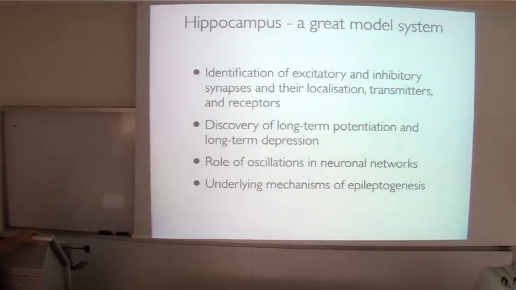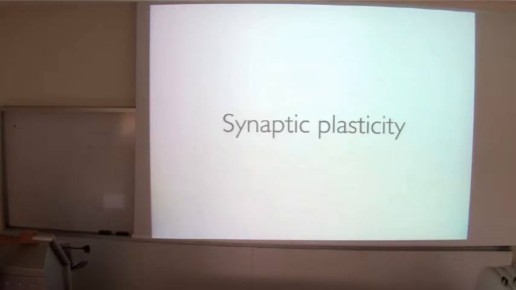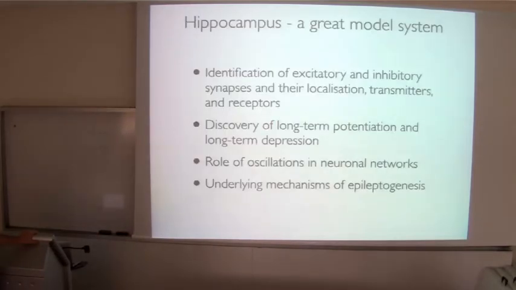And this was shown first in the hippocampus. Obviously long-term potentiation and depression, and short-term and whatever term of potentiation and depression you would like, were found in the hippocampus. There are a lot of issues about oscillations and rhythms. We'll try to talk about it next week on Thursday. And obviously things that have to do with epilepsy.